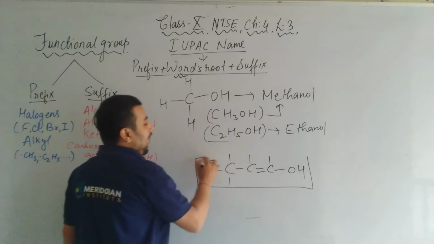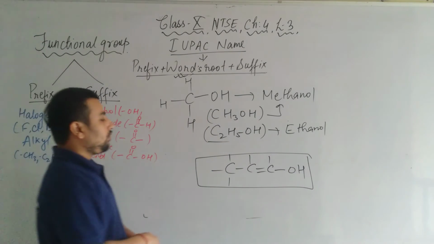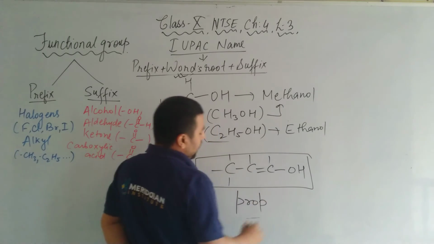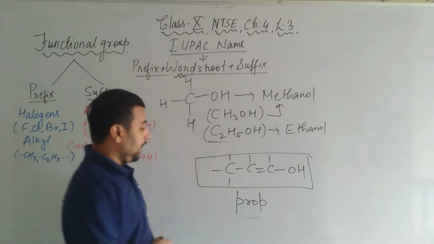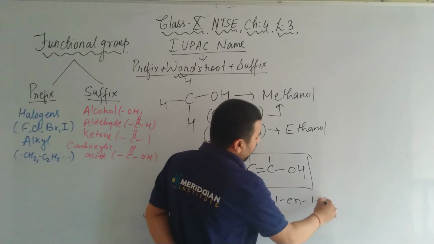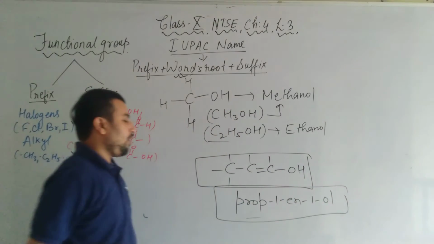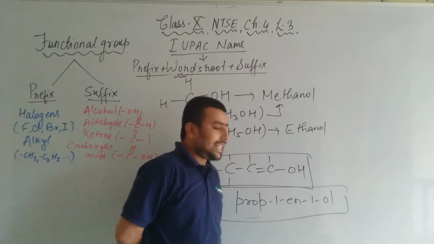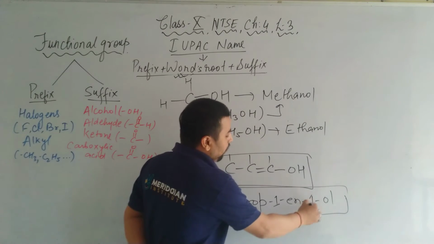So if anybody asks me, sir, what is the name of this compound? So a 3-carbon compound is known as propane. And here, at the first position, prop-1-en-1-ol. Otherwise, 1-hydroxypropane, or you can say prop-1-en-1-ol. Why 1-en and 1-ol?